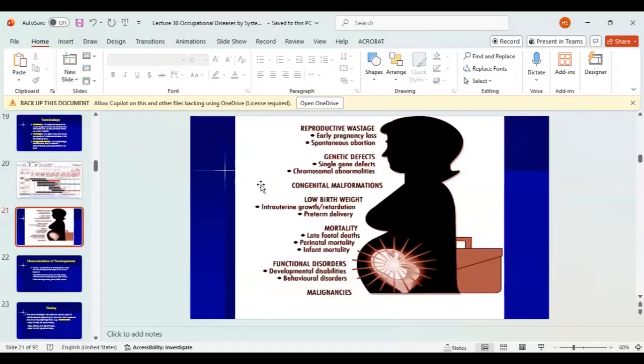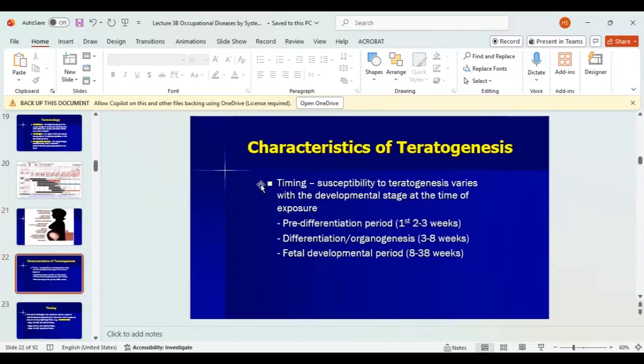reproductive wastage. You can have genetic defects, congenital malformation, low birth weight baby, mortality, developmental disabilities, behavioral disorders, and worst case scenario, malignancies. All right, so briefly talking about teratogens, timing is very important.